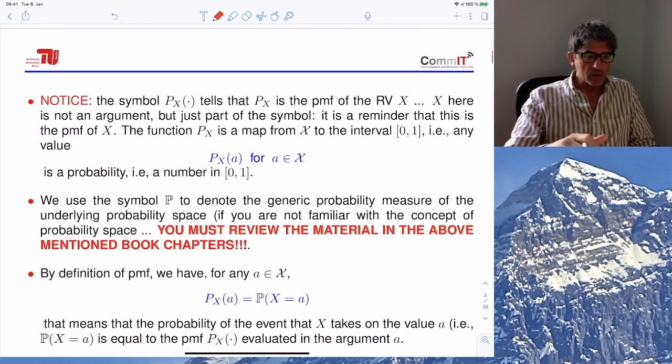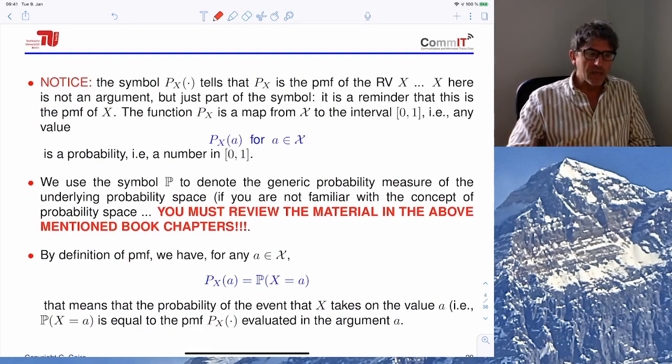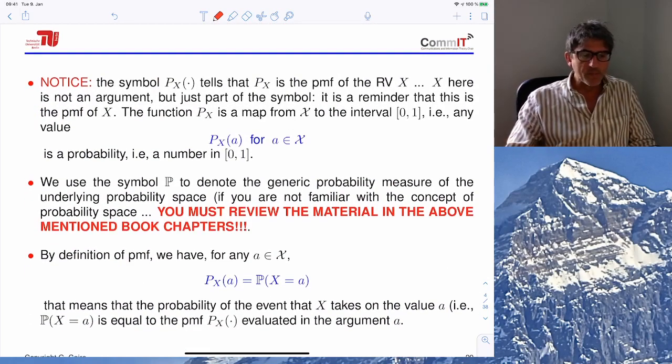So a note on notation is that the symbol P sub X of the argument says that P sub X is the PMF of the random variable X. X here is not an argument of the function, it's just a reminder.